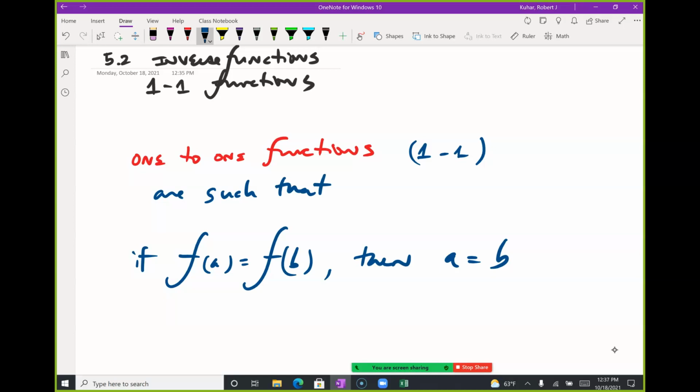So this is a definition of a one-to-one function, and I'm going to tell it to you like a human, okay? But what is f of a? Is that a y value or an x value? A y value, right?